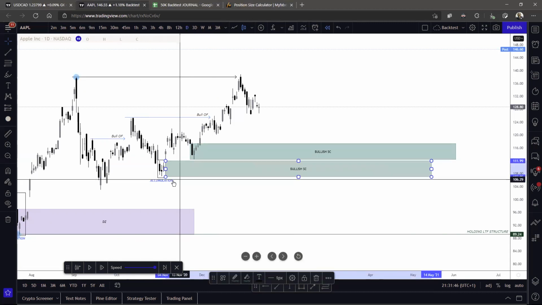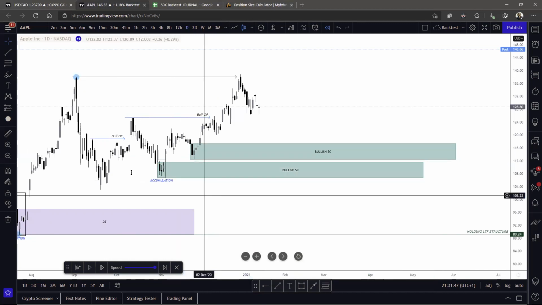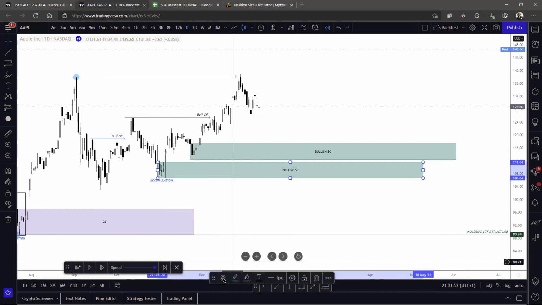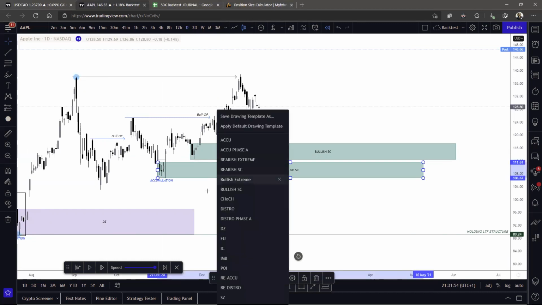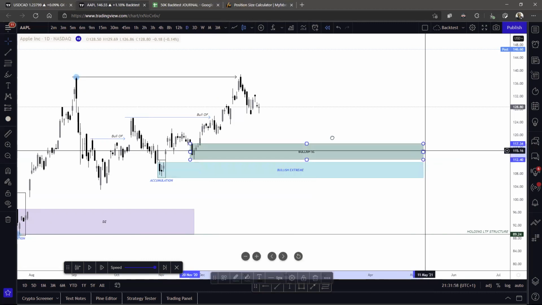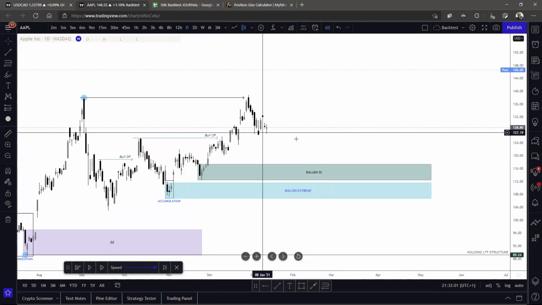And then this will be the extreme, right? Because we can see this is the mitigation of that. So we don't really want price to come below that bullish extreme. Cool. So those two are the areas that I'll be waiting for.